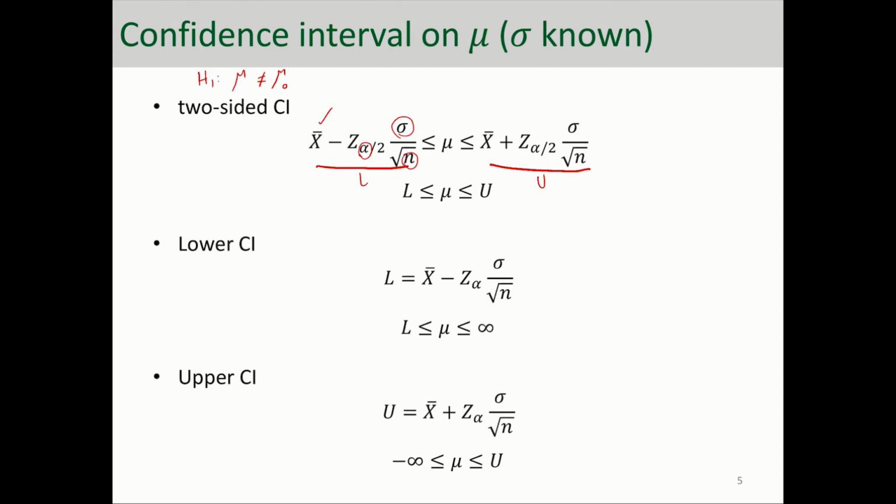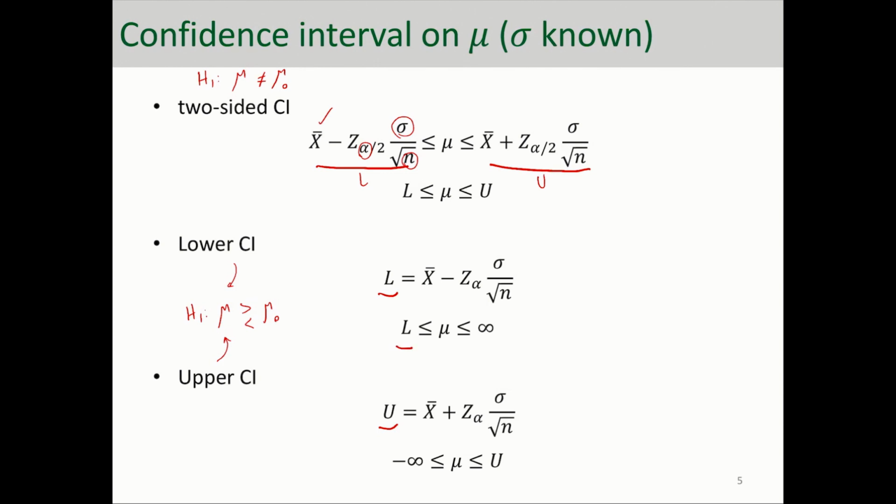Well, if it happens that you have a one-sided hypothesis test where the alternative hypothesis is mu more than or less than some value, mu naught, then you might only need one of the confidence limits, either the lower limit or upper limit. In those cases, this is how you calculate it.